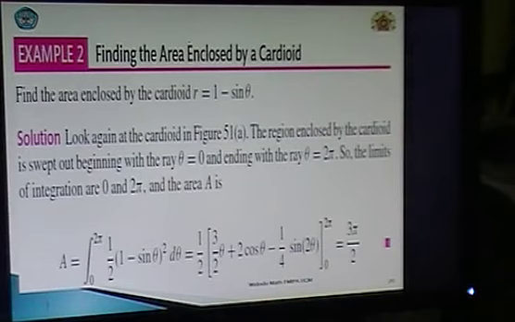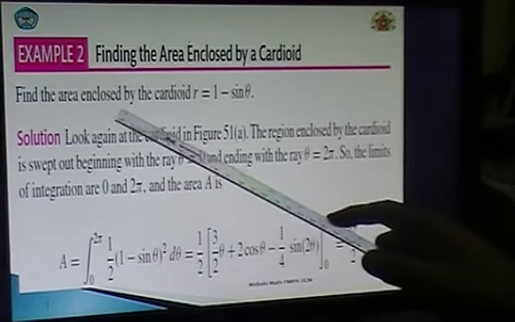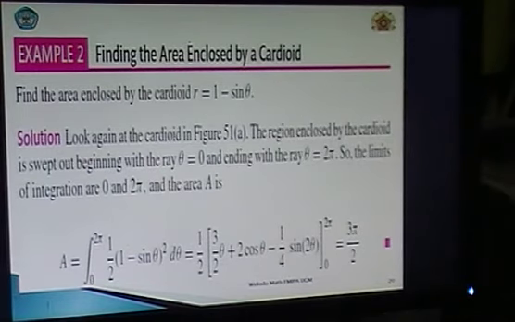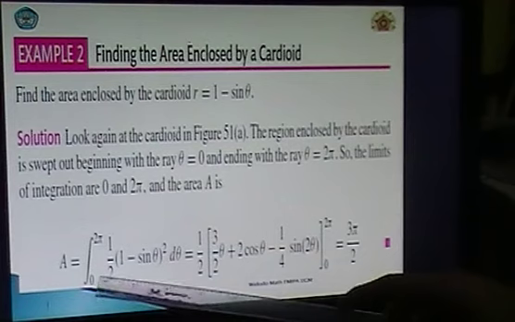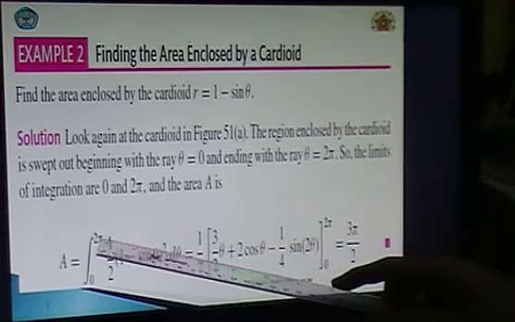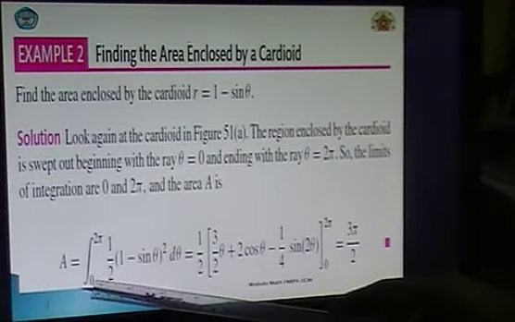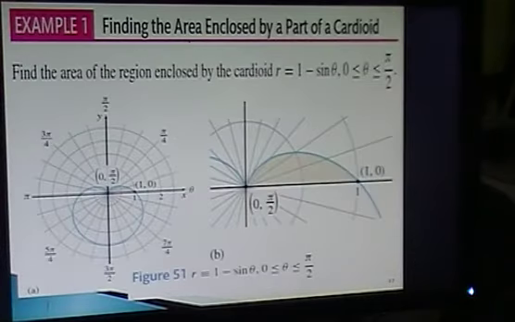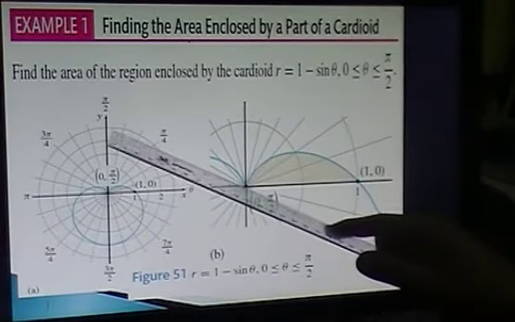What about the whole area? Here in example 2, if we want to find the area enclosed by the cardioid r is equal to 1 minus sin theta, of course you have to take the integral not from 0 until pi divided by 2, but from 0 to 2 pi, because 2 pi is actually from this to this.